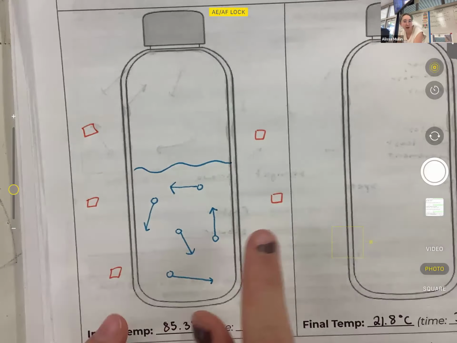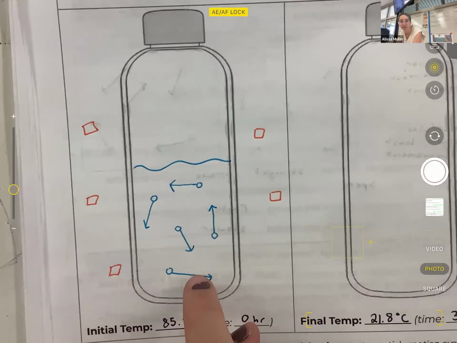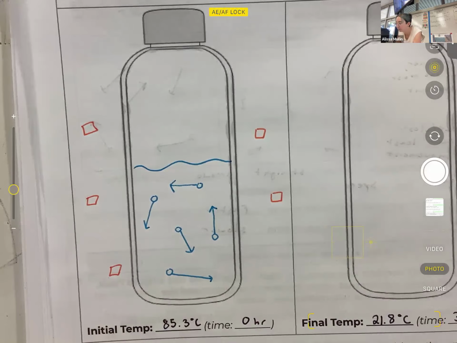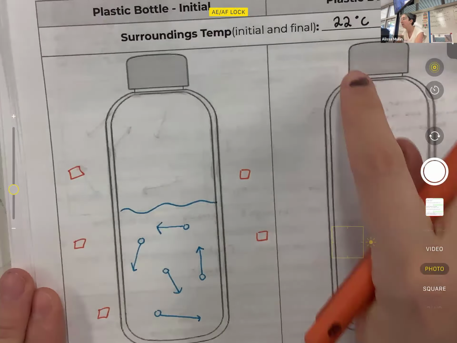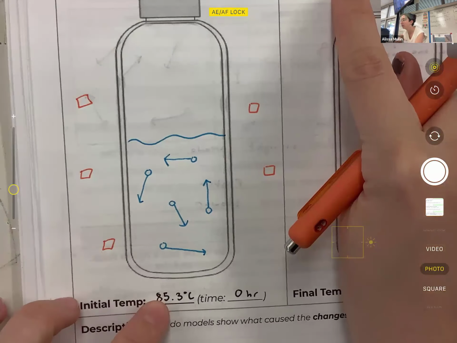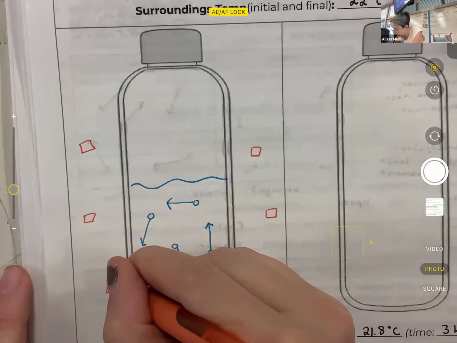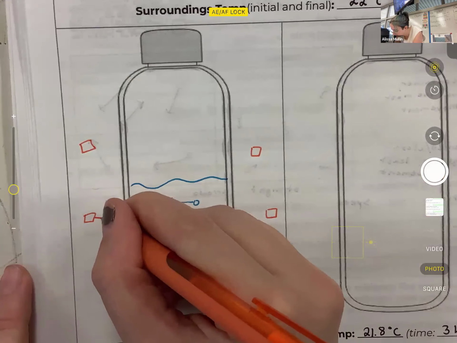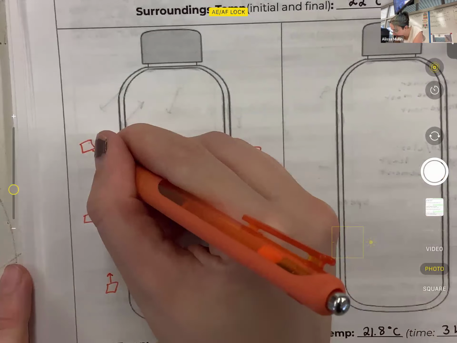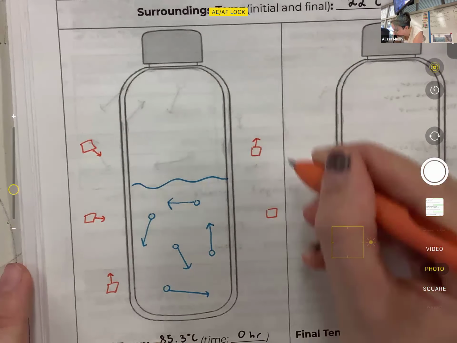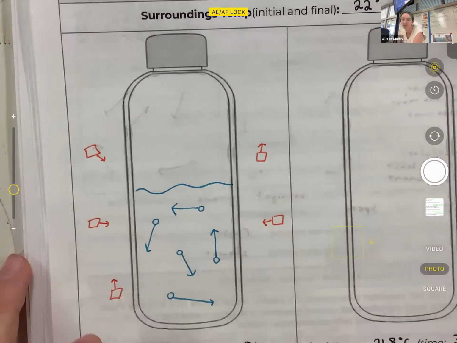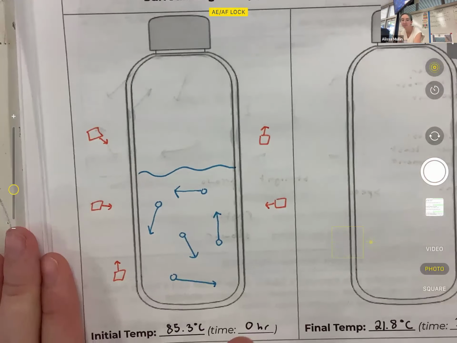Would there be any difference? How would these molecules look different from these ones? And hopefully you're thinking, well, these ones are at a lower temperature, they're colder. So I want to show them with less movement. So I'm going to want to make sure that my arrows are much smaller on my air, my surroundings. Okay.